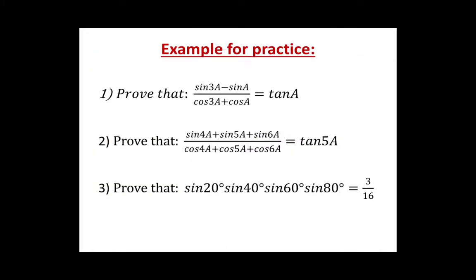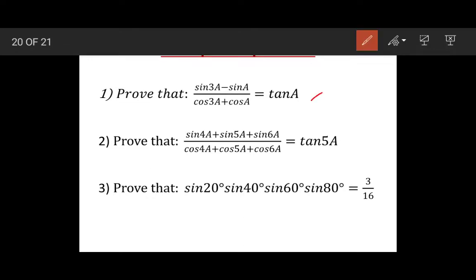Now these are some examples for practice. First you have to prove that sin 3a minus sin a upon cos 3a plus cos a is equal to tan a. Which formula are you going to use here? In the numerator you are going to use the sin C minus sin D formula.